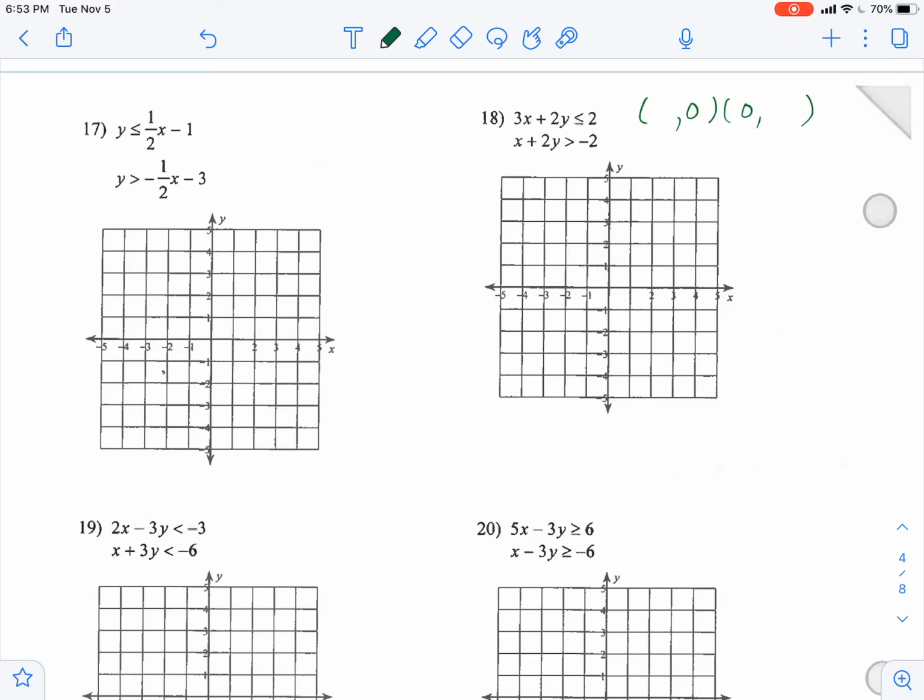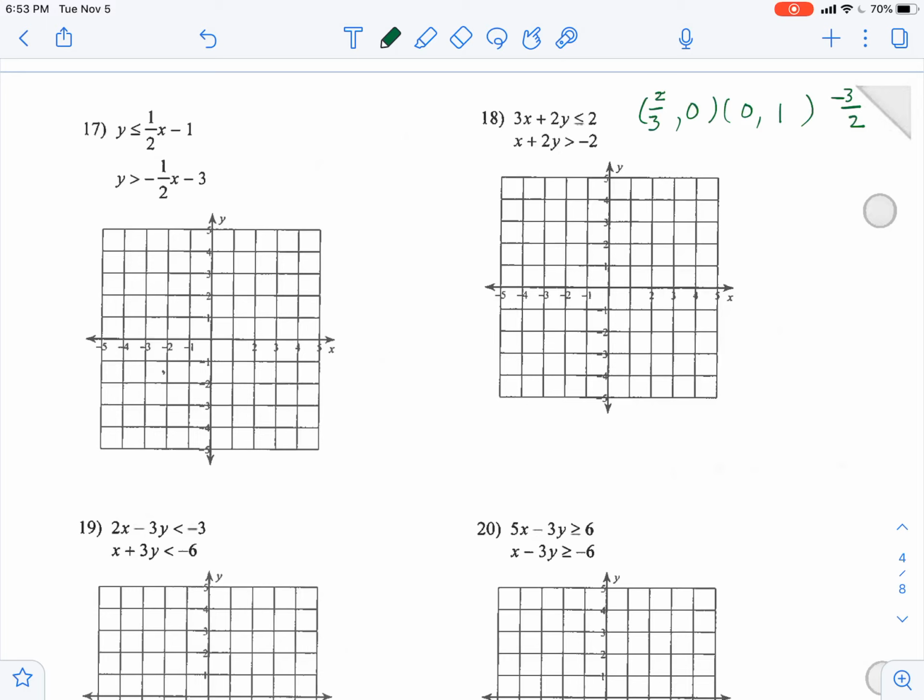If my y is 0, cross that out, then I'm going to divide both sides by 3 and I'm going to get 2/3. If my x is 0, then I'm going to divide both sides by 2 and I'm going to get 1. And then my slope is -a over b, so it would be -3 over 2. So I might need that also.